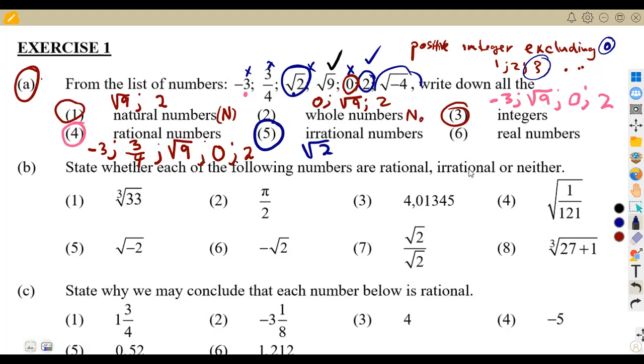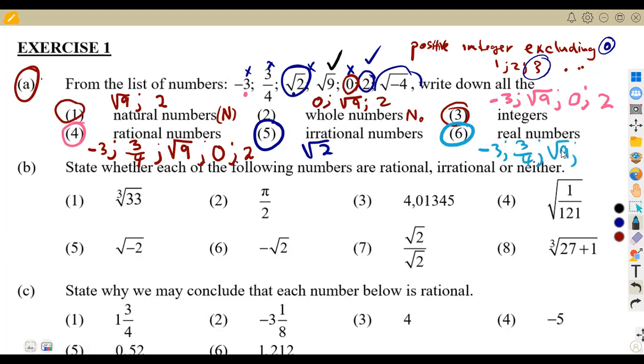All right. Number 6, they want us this time to list the real numbers. And I talked about the real numbers to say it's a combination of all the rational and all the irrational numbers. So meaning to say we are going to take all these rational and all the irrational numbers. We are going to have them on our list. So we're going to have the list of -3, 3 over 4, the square root of 9.